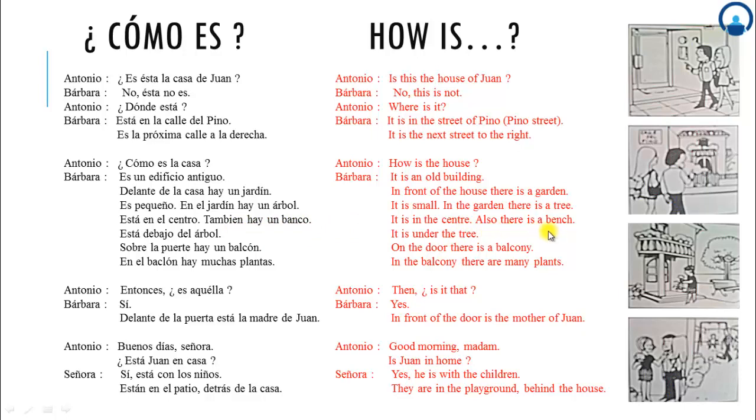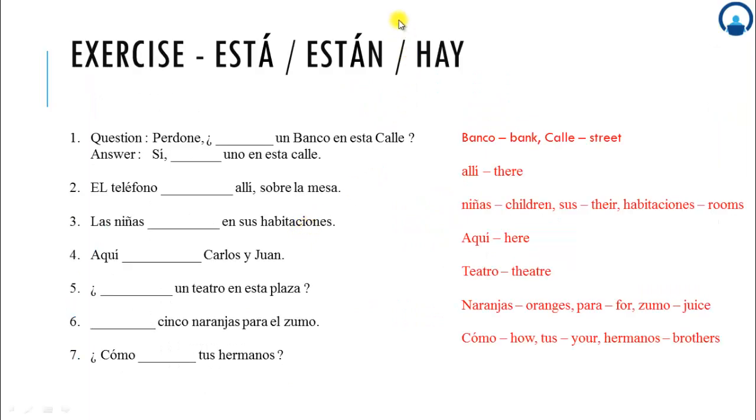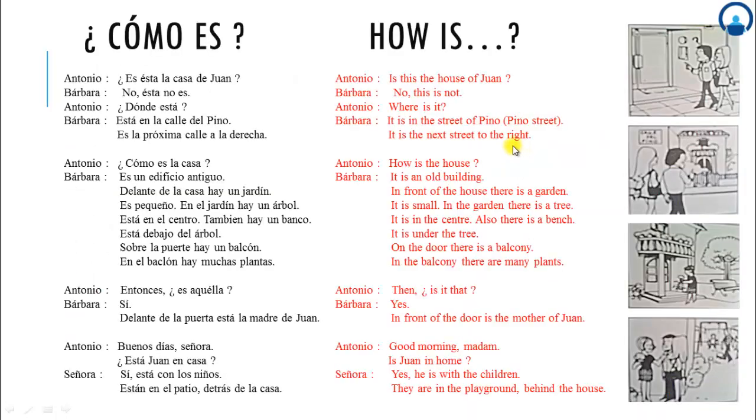Now, I would like to bring to your notice one very important thing over here with this word, banco. If you remember in the exercise which we have solved right now, here, banco, I said it means bank, and here it means bench. If you see, the spelling is also the same.